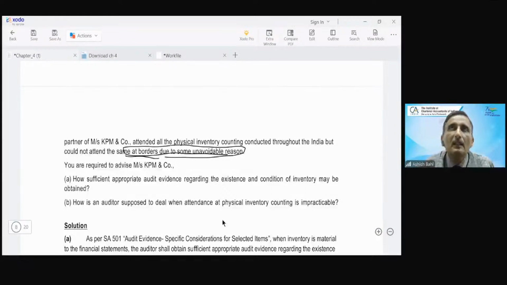In such situations, the auditor has to perform alternative procedures, like verifying inventory records and reconciling them with other things to obtain sufficient appropriate audit evidence. However, if he is not able to obtain sufficient appropriate audit evidence, then he would see what the implications are for the auditor's report. Then he can modify the opinion.